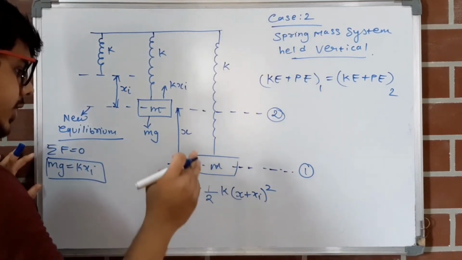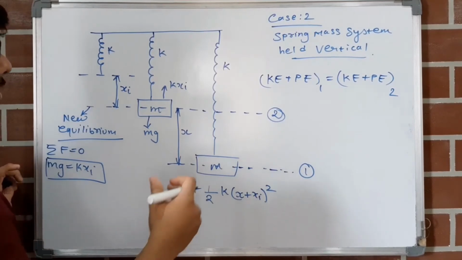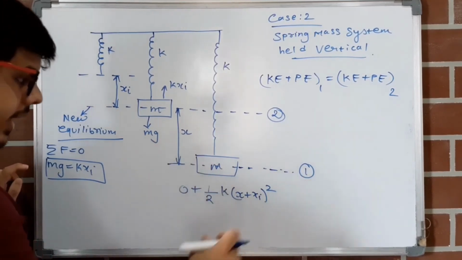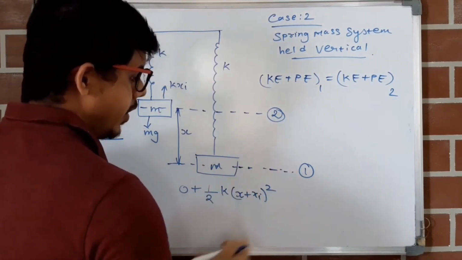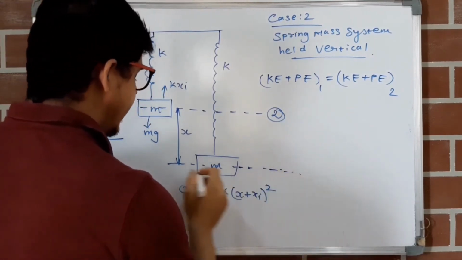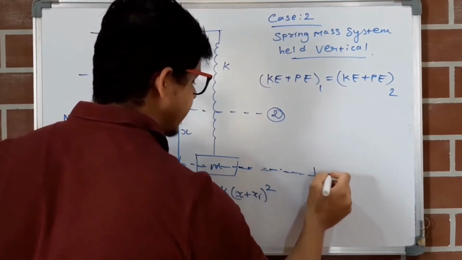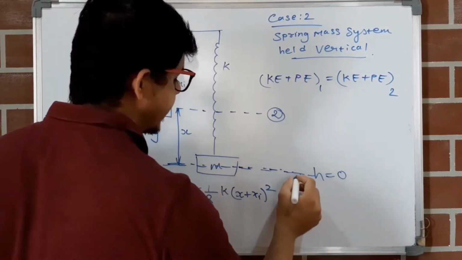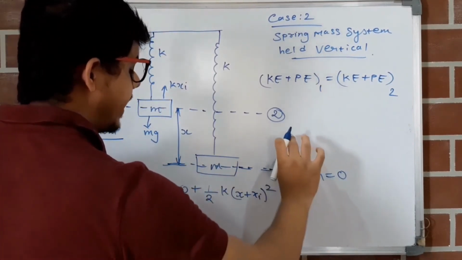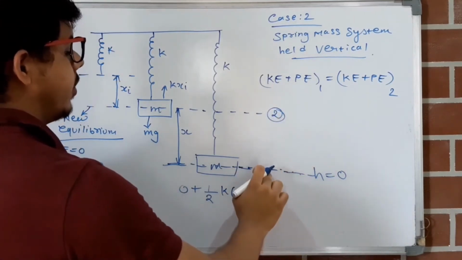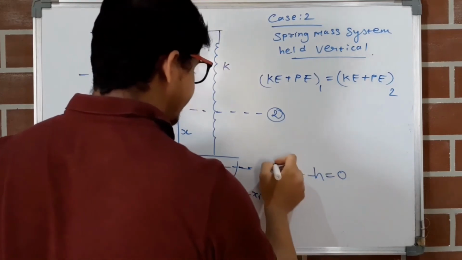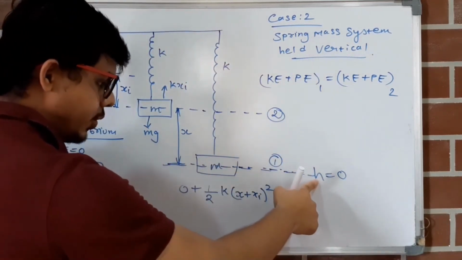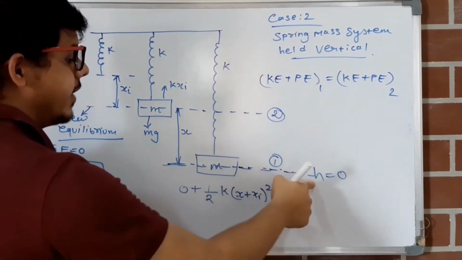Gravitational potential energy remains. When we find gravitational potential energy, we have the right to choose our reference axis. So let's say I take this axis as the reference axis, let's say h is equal to 0. This is the reference axis, and the height which is measured in the upward direction from this reference axis is taken as positive. So at point 1 the h is 0 because we had taken this as the reference axis.